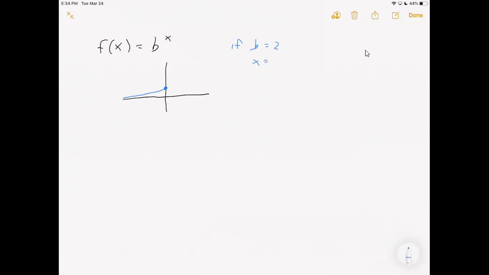When x is something like 1/2, then f of x is really the square root of 2, which is smaller than 2. But if x is something like 2, then f of x would be 2 squared, which is 4, which is bigger than 2. And as x grows, f of x grows rapidly, and this is called exponential growth.